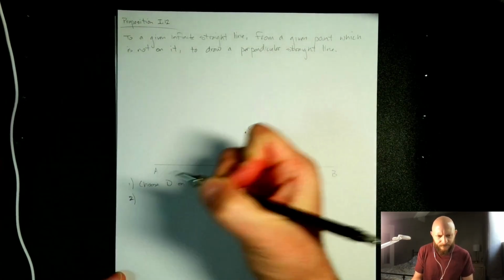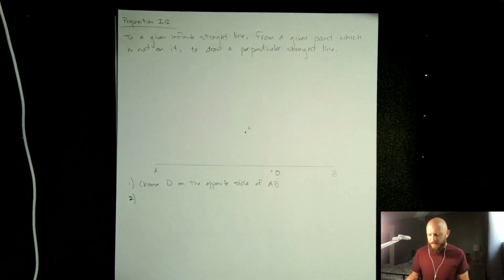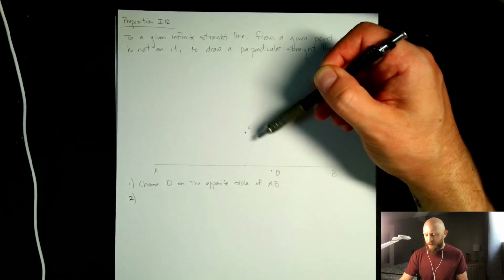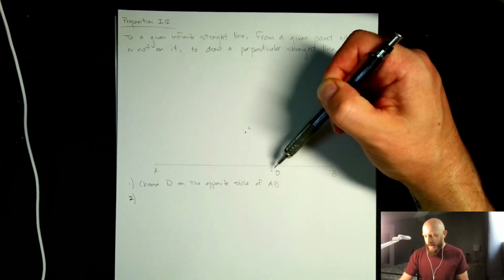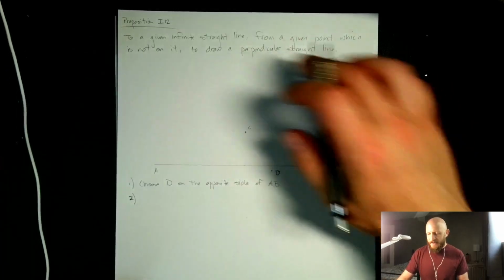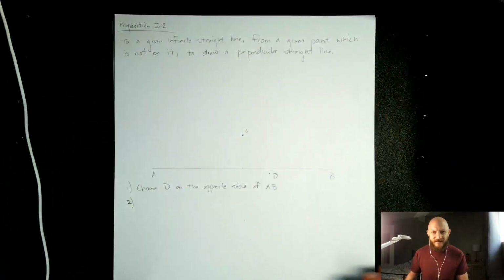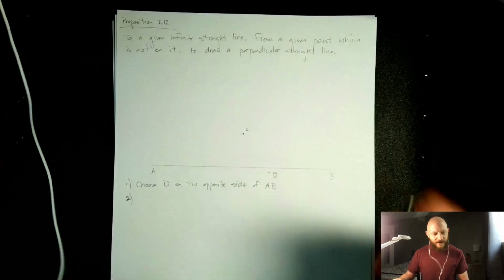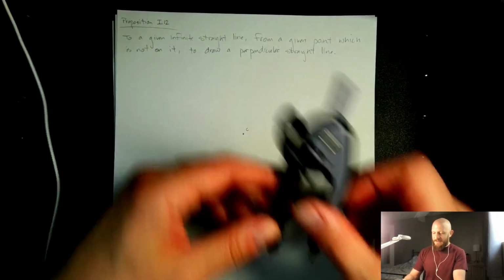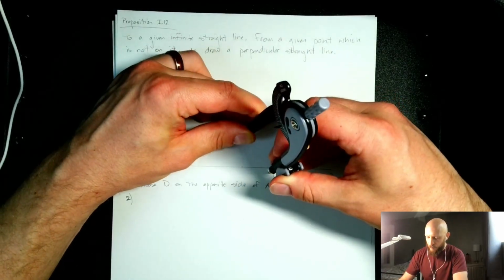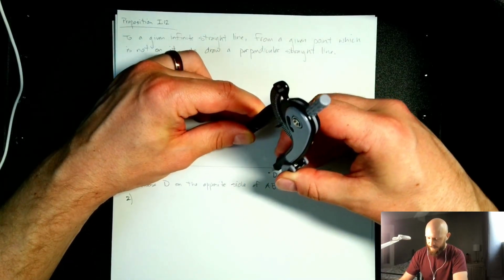Next we're going to construct a circle with center C and radius CD. And here's a place where, once again, Euclid makes an assumption that at the time was fine because it's intuitively clear that this is going to happen. After making this circle, he assumes that the circle will intersect AB in two different places.